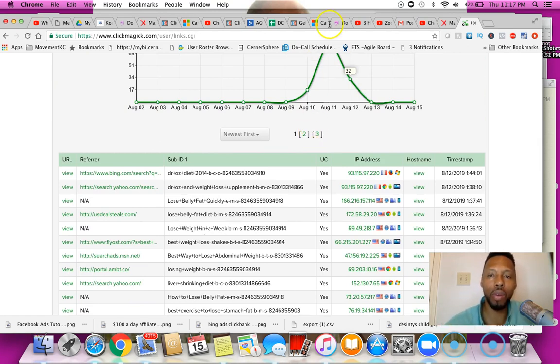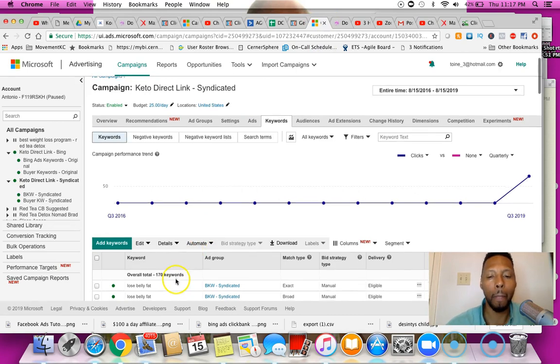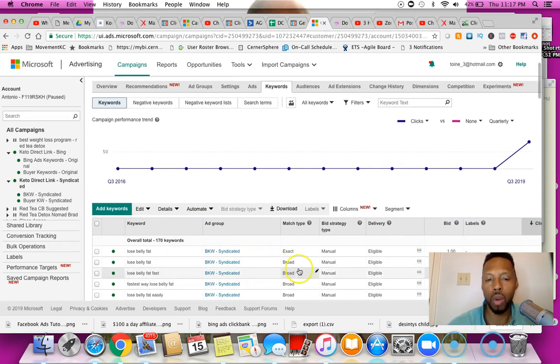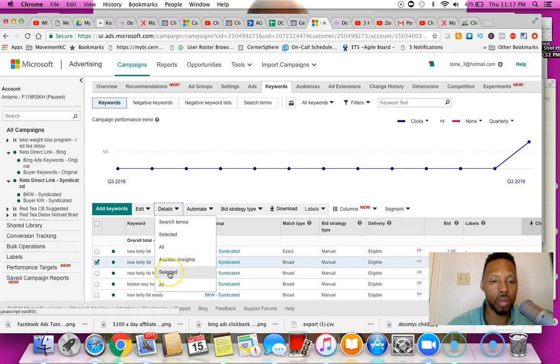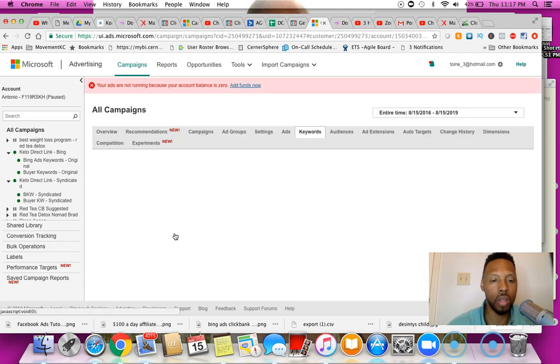Because sometimes when you go back over here to Bing, some of these are broad keywords. So let me see if I remember how to do this. If I click that, this is a broad keyword. Let me go to details. I'm going to go to selected.